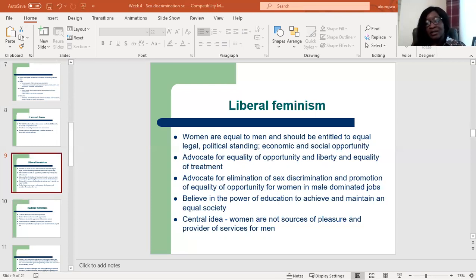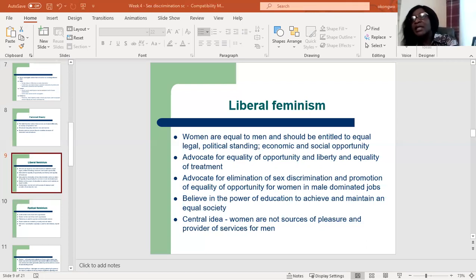So there should be nothing like a man should be the only one driving trucks or providing for the family, and the woman should be the only one looking after the family or working as a nurse. A man and a woman, either of them, can do that if they qualify and want to do it. So they should be allowed to make that choice.